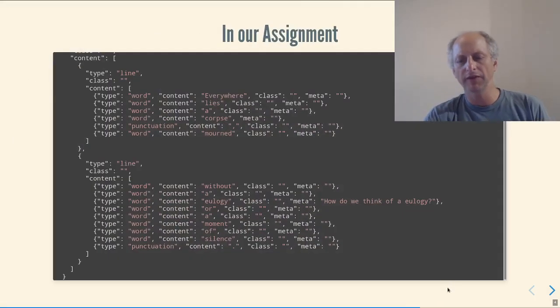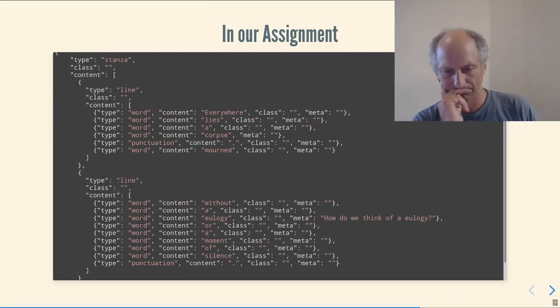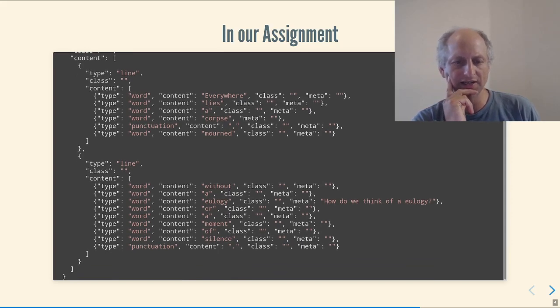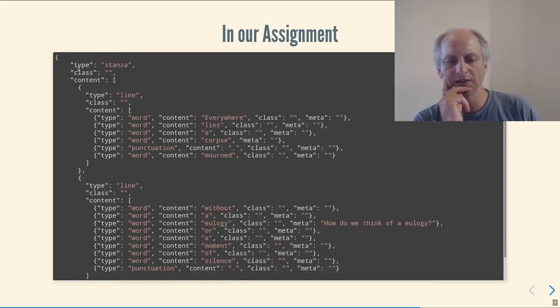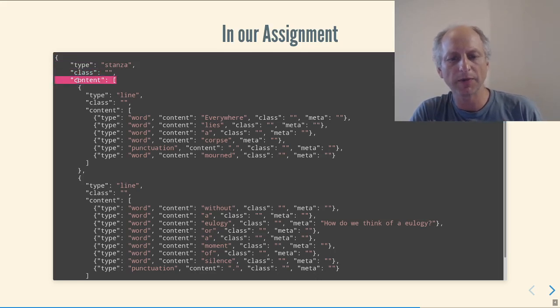So in our assignment, we have a data structure that is an array, and each element of the array, or most of the elements of the array, is a stanza. And the stanza has a couple of very simple properties, type and class, and meta, which is usually empty. And then it has the property content.